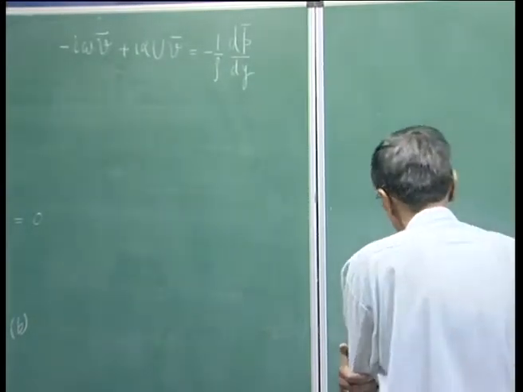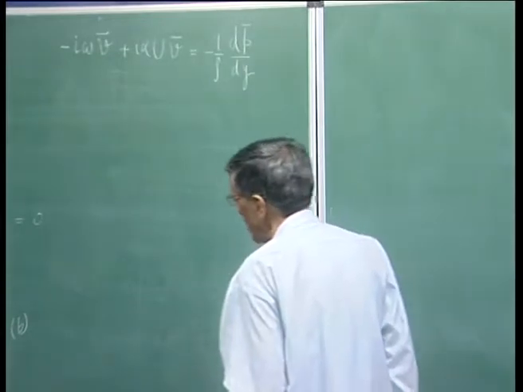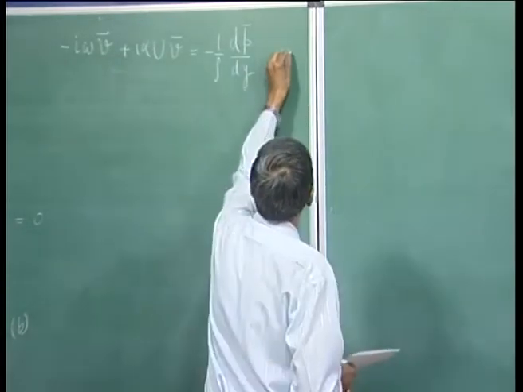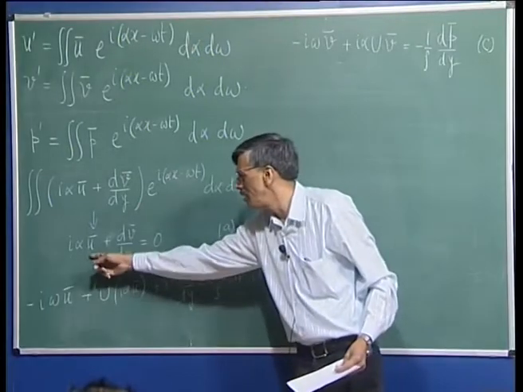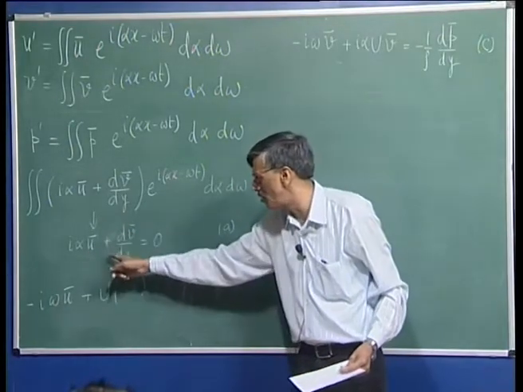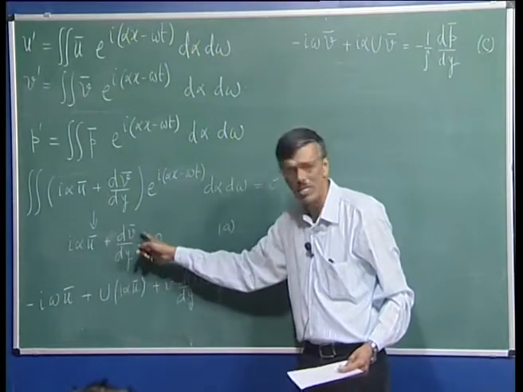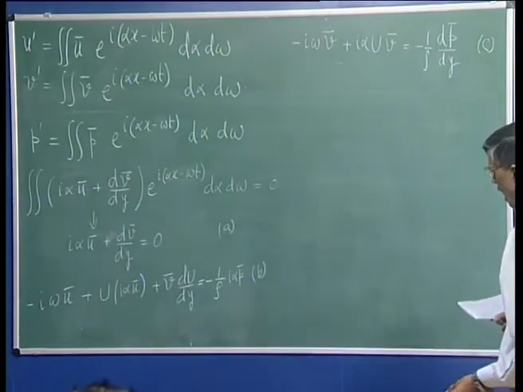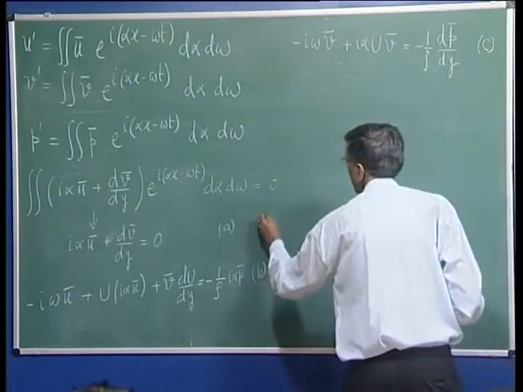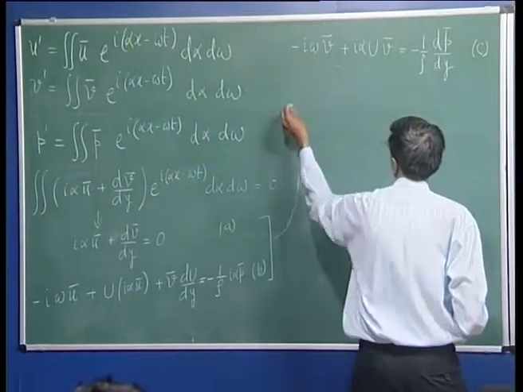Okay. Now I could use this equation A, and I can see that u bar is nothing but minus 1 over I alpha times dv bar dy, right? So I could actually put these two together.